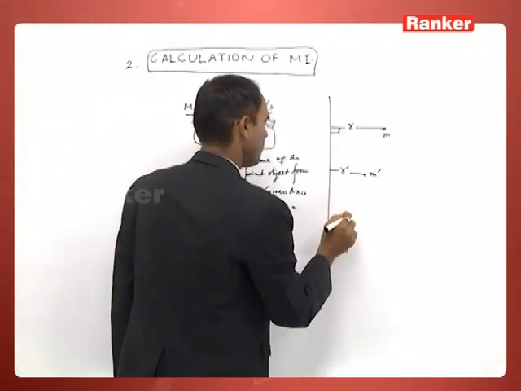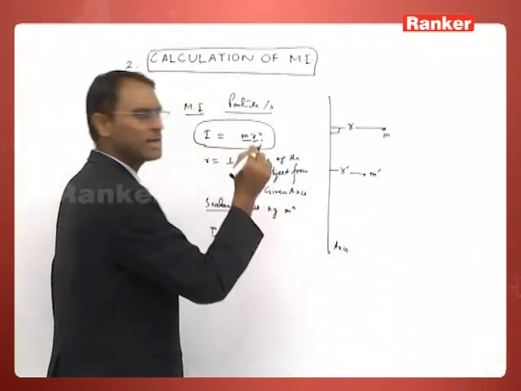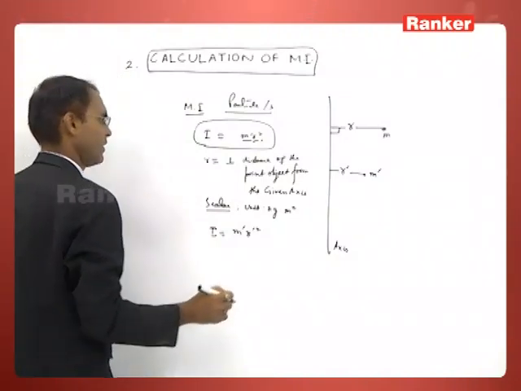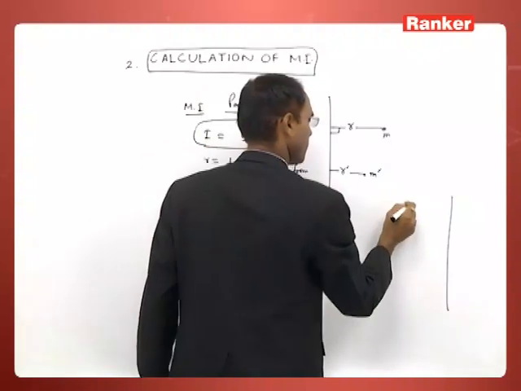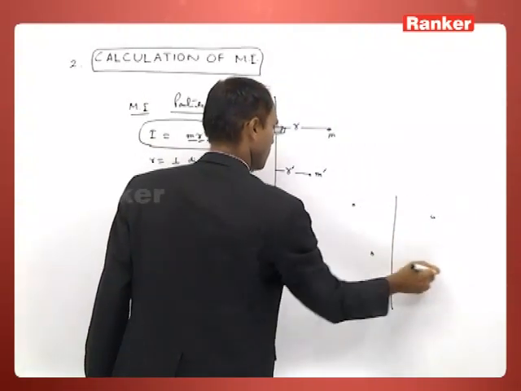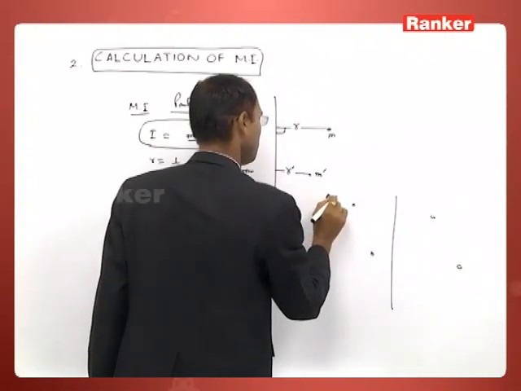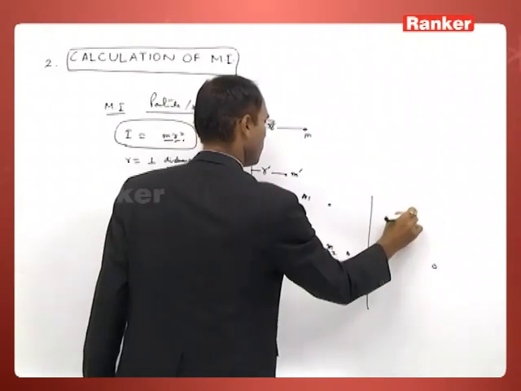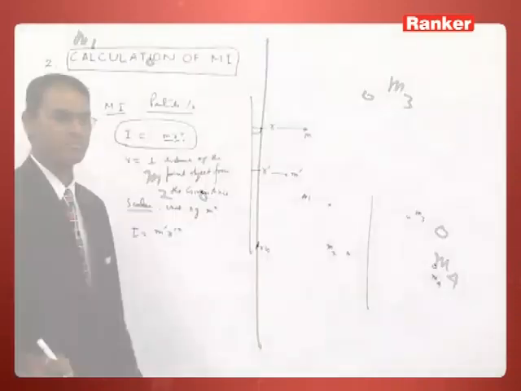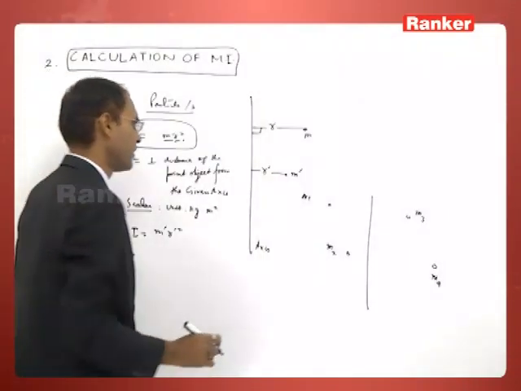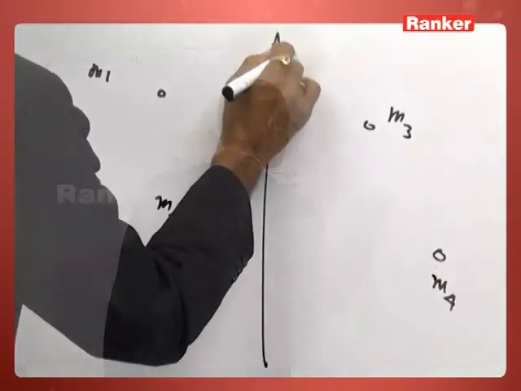If you take so many particles, a group of particles, m1, m2, m3, m4. This is the given axis.